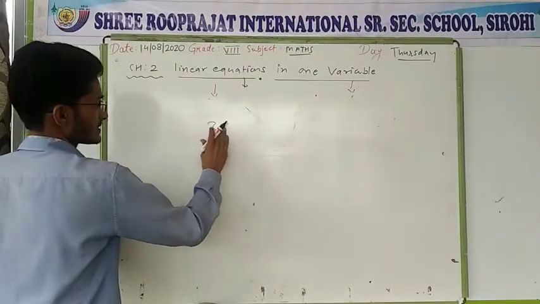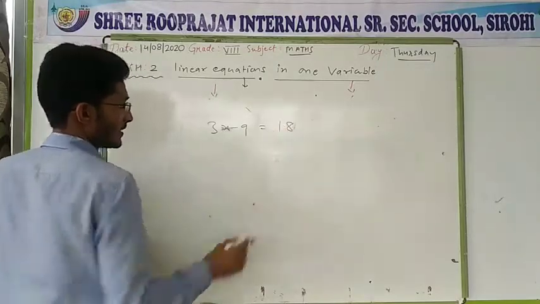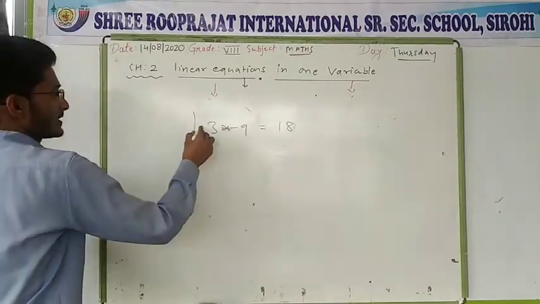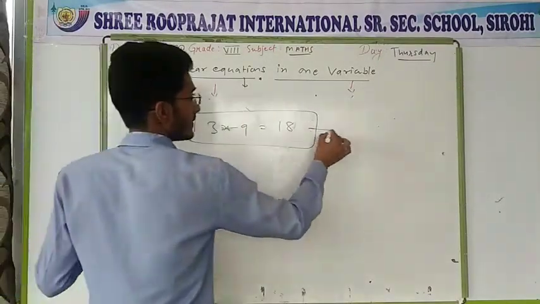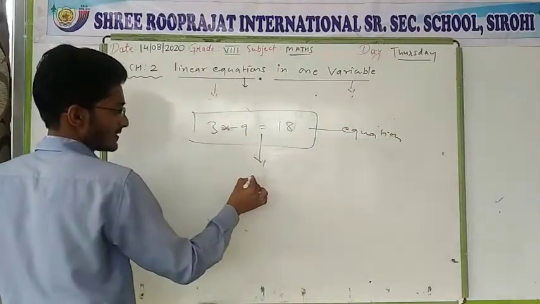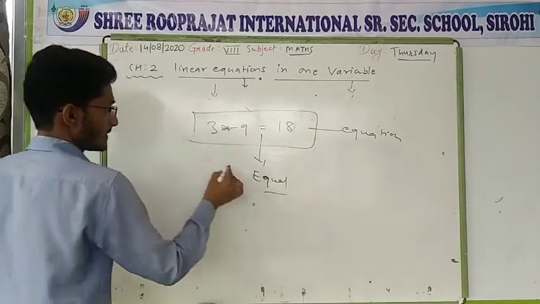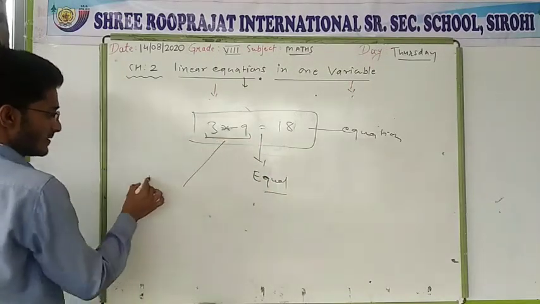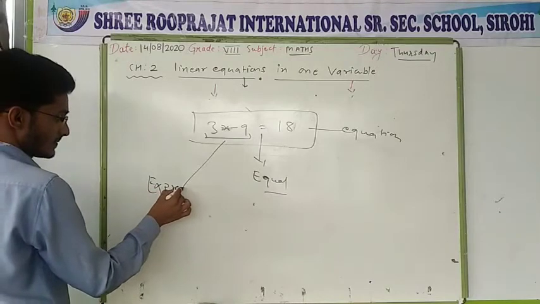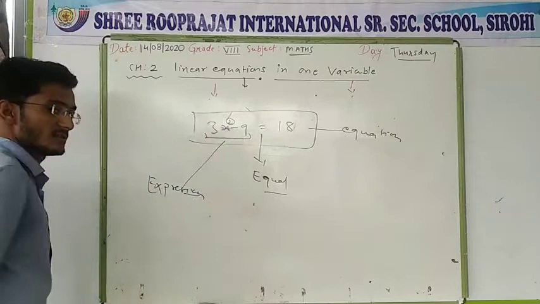Like 3x plus 9 equal to 18. So that complete part is known as an equation. This is the sign of equal. This part is known as an expression, and there is no power given, that means it is 1.